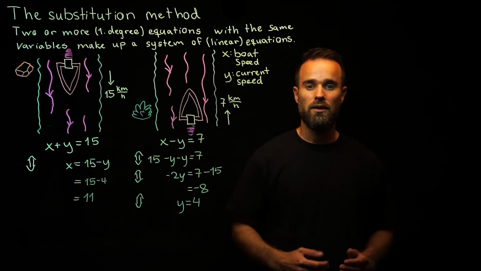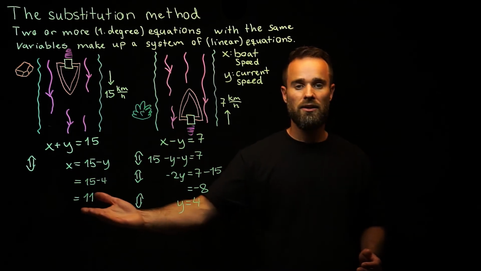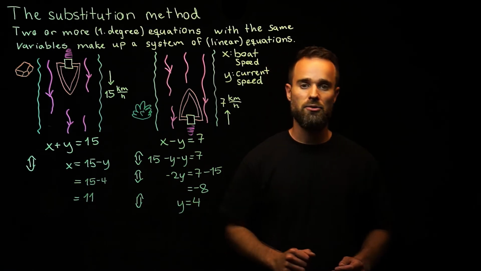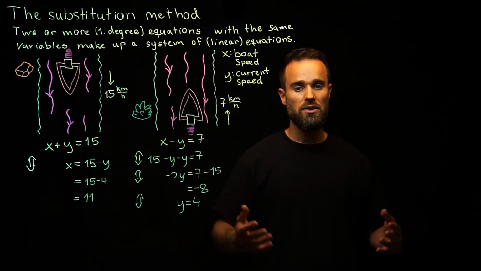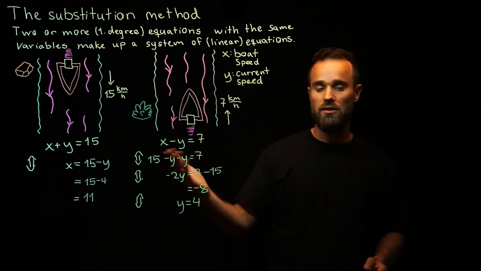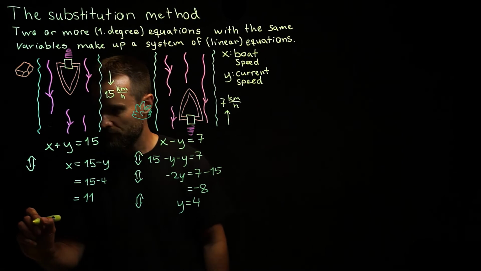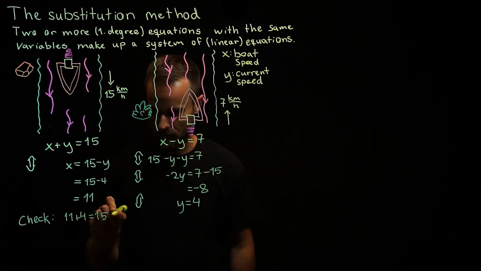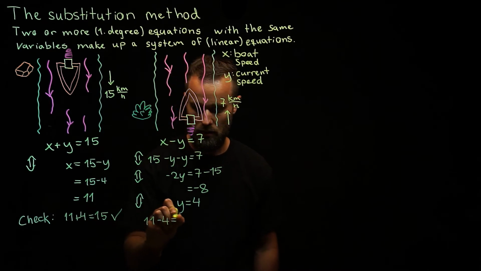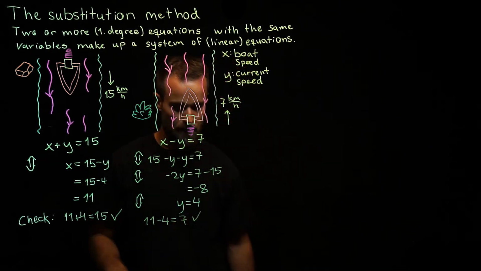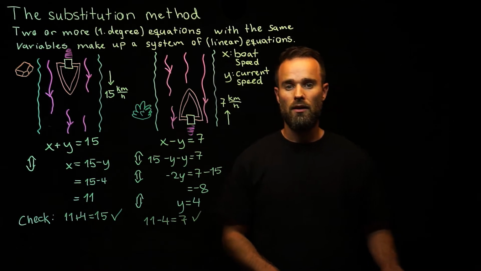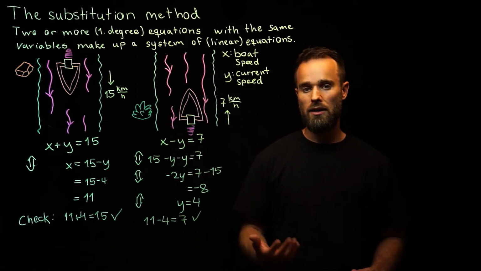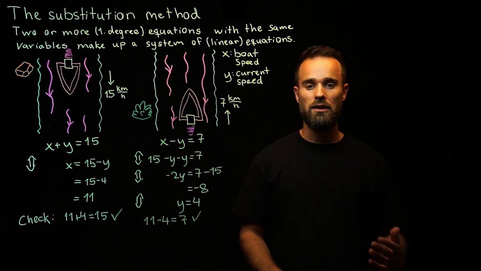The boat speed in still water is then 11 km per hour, and the speed of the current is 4 km per hour. We can check the solution in both equations. Therefore, the solution is the number pair x equals 11 and y equals 4.